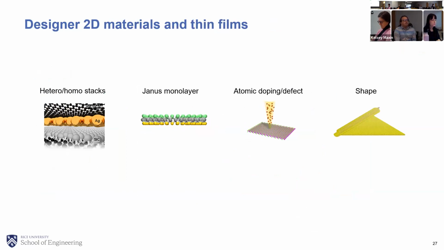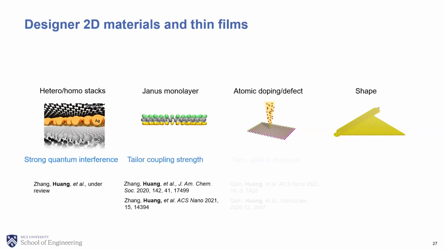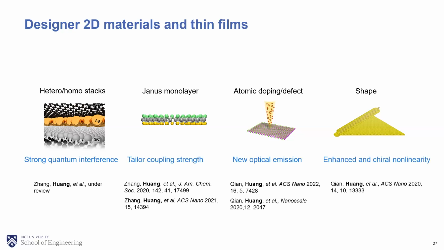All right, so far we have seen that by making these designer 2D materials, if we perform heterostacking and homostacking of 2D materials, we can introduce ultra strong quantum interference.